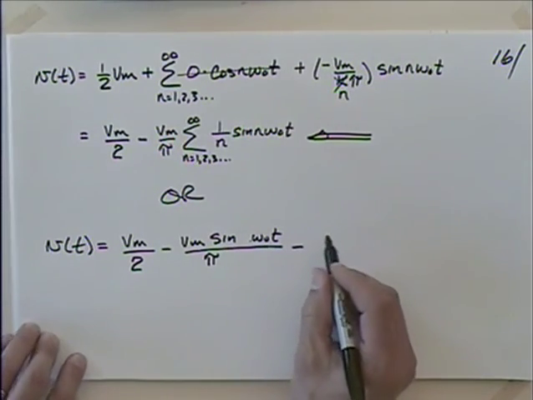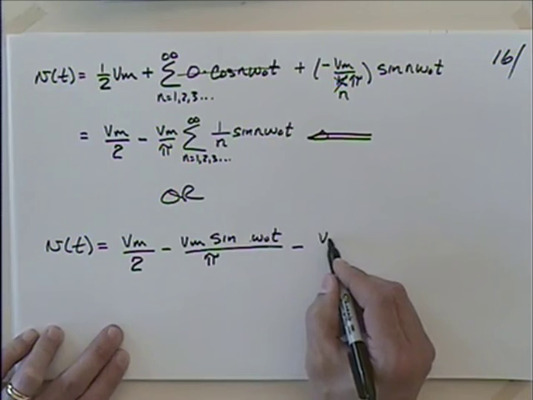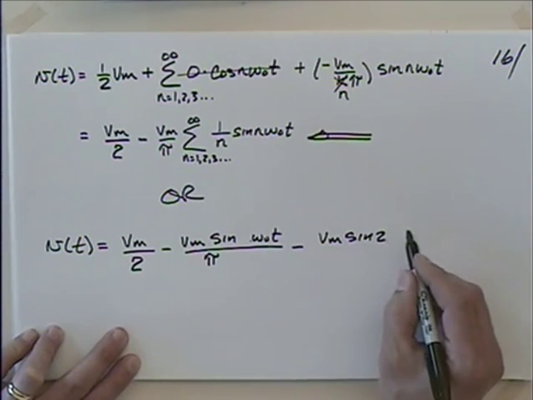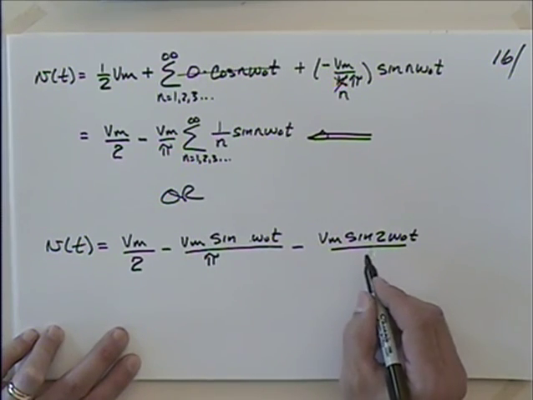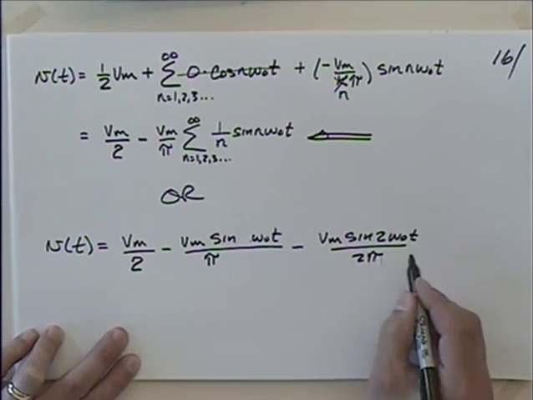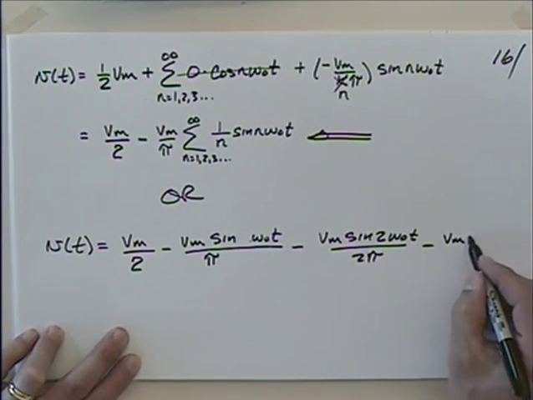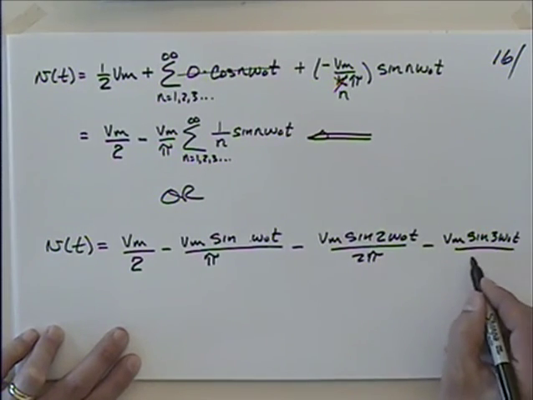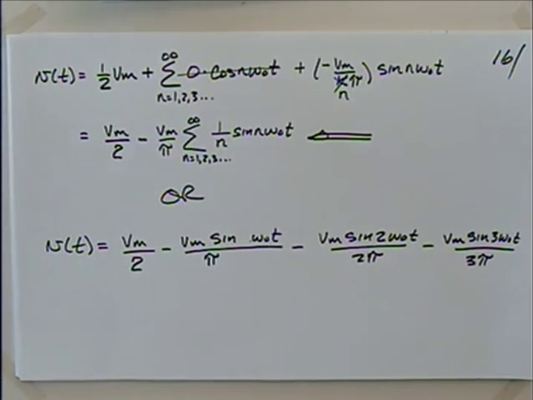And then I'd have minus, let's see, if n goes to 2, what do I have? Minus Vm sine 2 omega naught t divided by 2 pi. And then subtract Vm sine 3 omega naught t over 3 pi. And it just goes on from there.